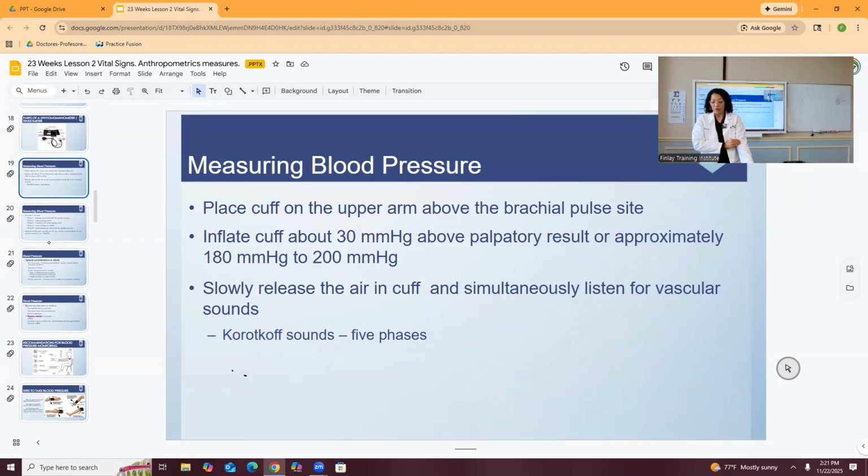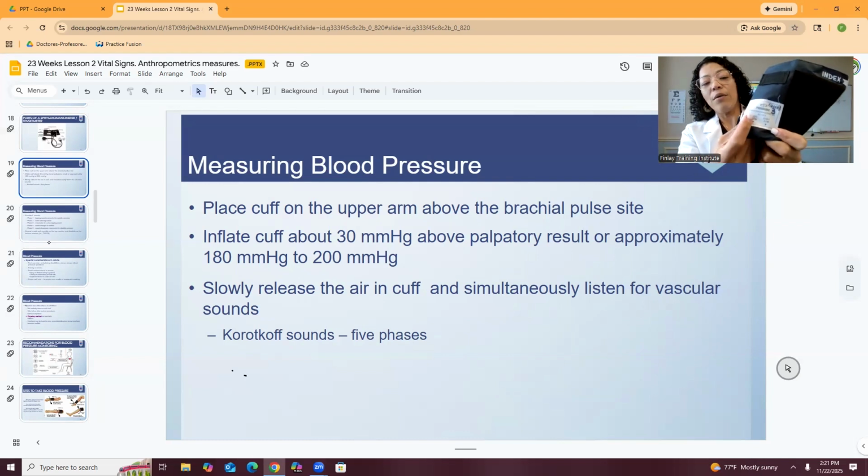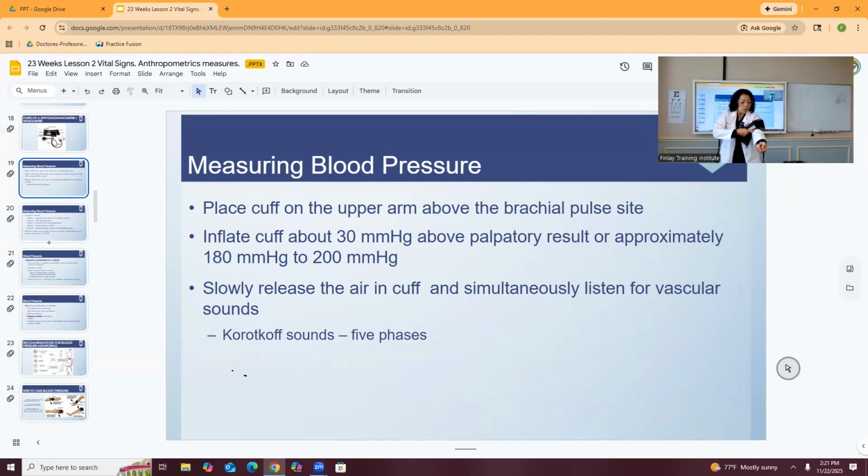Once you make the identification, then you're going to make sure that you can put the sphygmomanometer on the patient. Remember that it has lines, that it has arrows in there telling you where to go. I'm doing the left arm, so I'm going to make sure that the arrow is aligned where I touched that artery, a little bit above that, okay?